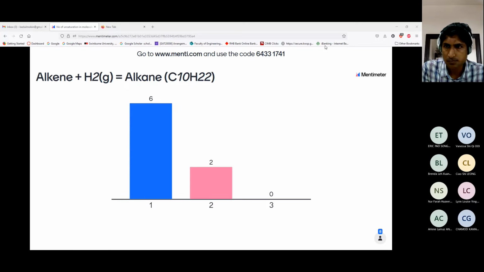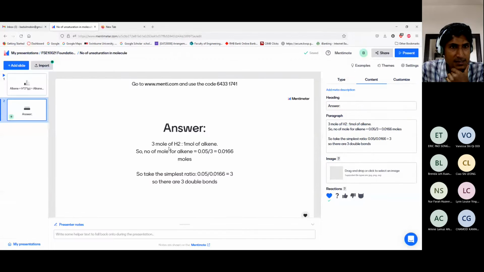Okay. So here you can see the answer. In this way, we can find out that the number of double bonds should be 3. So those who put the number 1 and 2, good, thank you for participation, but the answer was not quite correct.